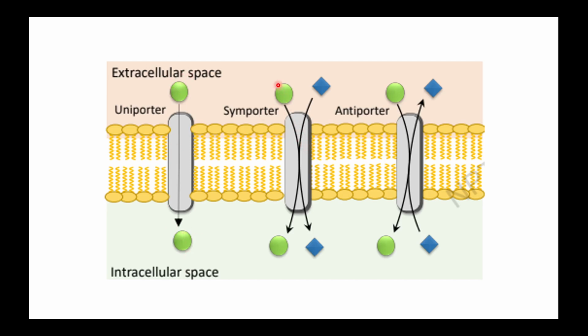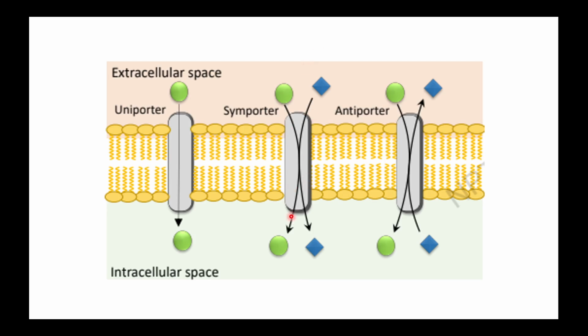Whereas symporters, by the name itself, transport one molecule along with a cofactor or a supporting molecule. So two molecules are always transported together from one side to the other.